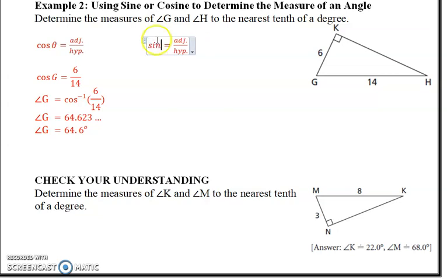Or I can show you that calculating the sine is going to give you the same thing. So sine of H, angle H is equal to the opposite over hypotenuse. Grab that angle back, sorry.